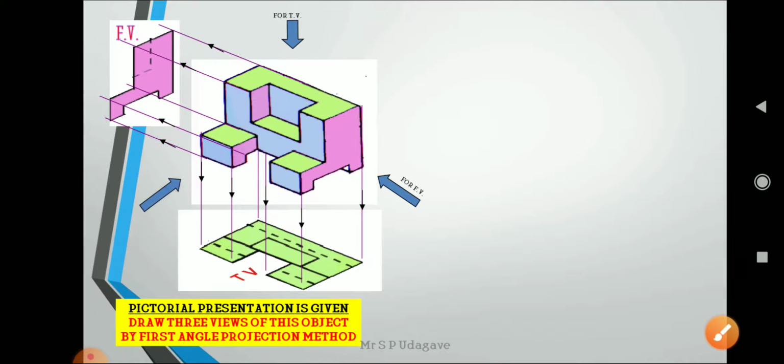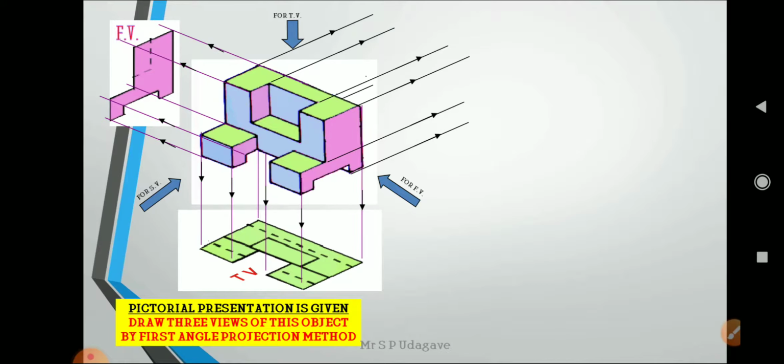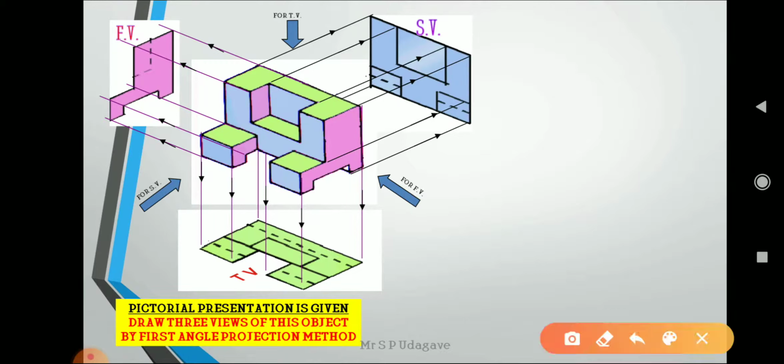For the side view, take the projections. In the side view, the visible portion we can see is these blocks and the middle portion, but the edges that appear, the thickness of the cavity throughout the object in the middle portion, are hidden.